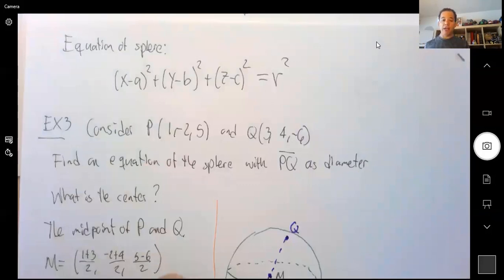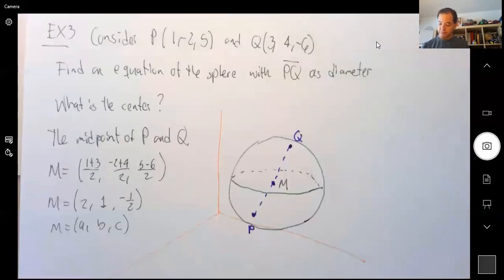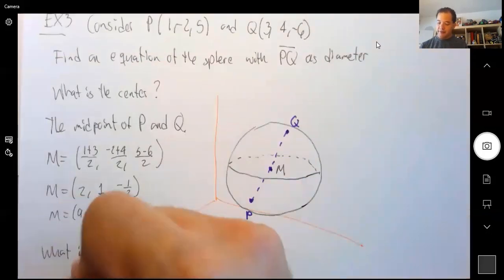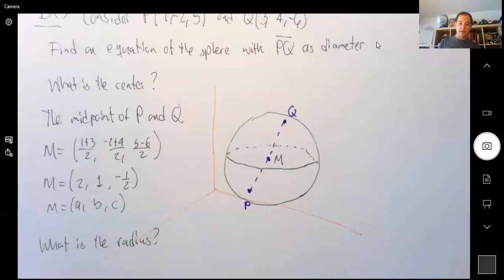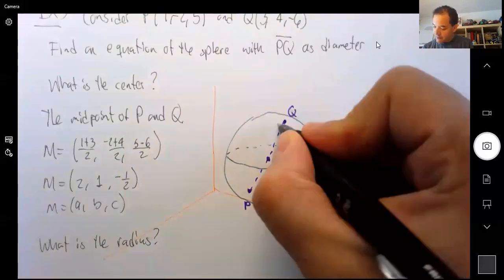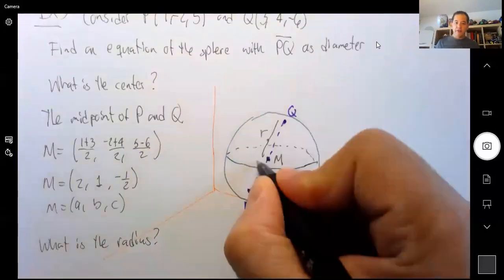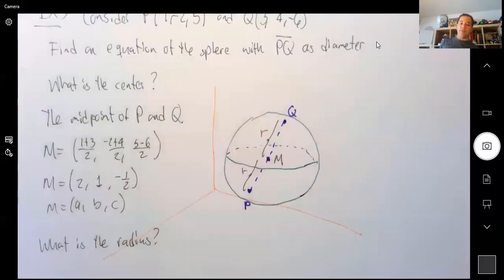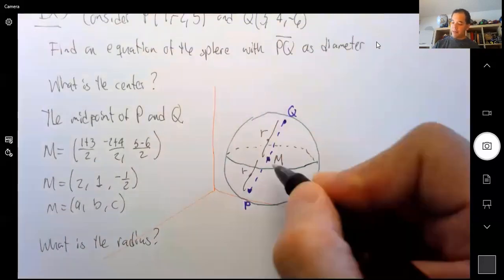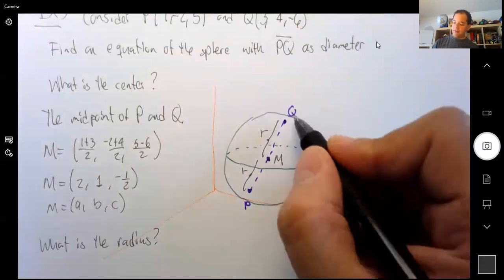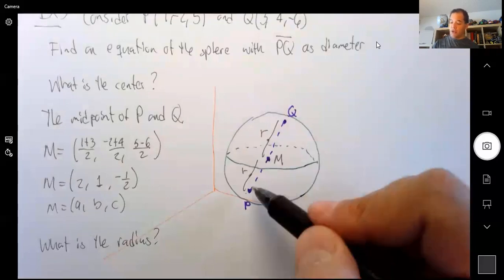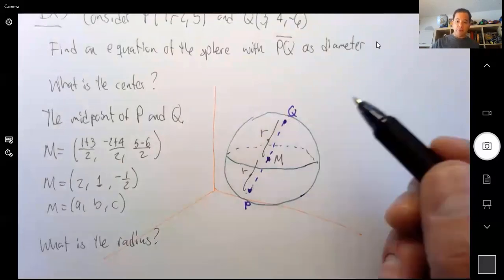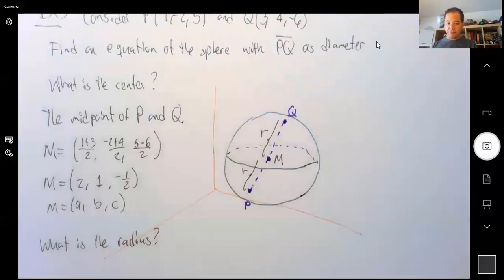Okay, and now how do we get the radius? And that's maybe the question some of you were answering before, right? How do we get the radius? Well, the radius is from here to here, or from here to here, right? So we can do many things now. We can get the distance from M to Q, or the distance from M to P, or the distance from P to Q and divide it by 2, which is why a few of you answered, Nancy, for example.